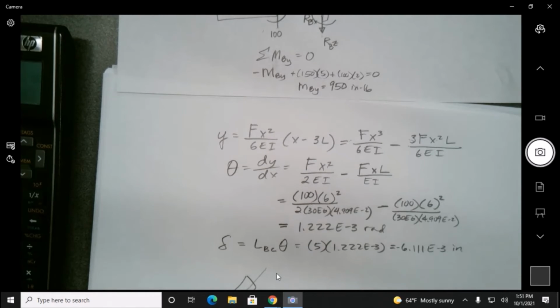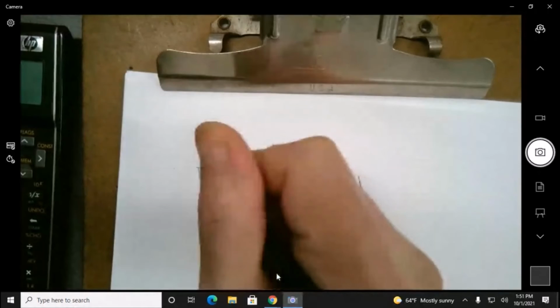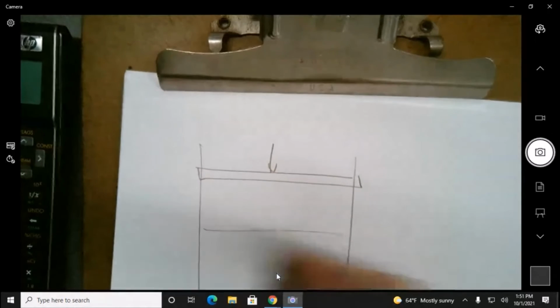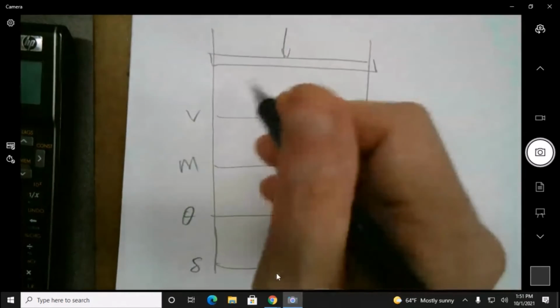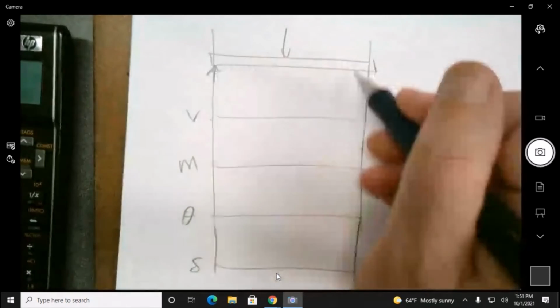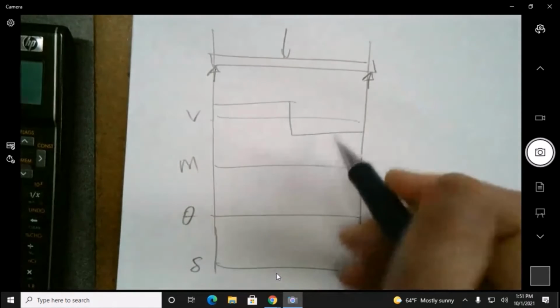The slope, yeah. That one figure is a really good mnemonic, right? We had the shear diagram, the moment diagram, the slope diagram, and then the deflection diagram. Here was our FBD at the top, and we went down to that right there.